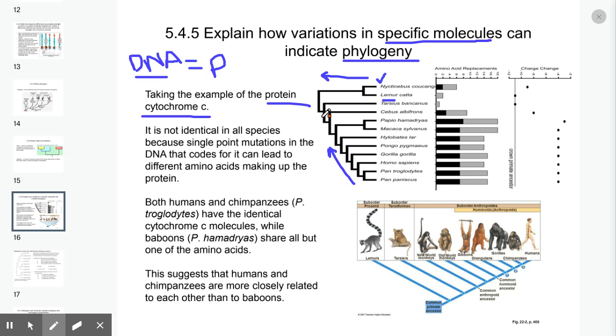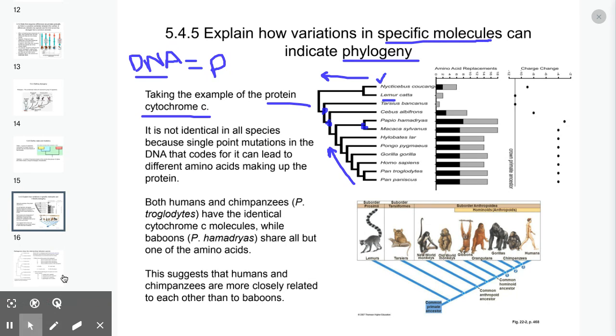When we talk about species dividing, we call this speciation. So here we have an example of speciation, a time when we had speciation, at these different nodes. So that's how we can use variations in specific molecules, specifically cytochrome and also hemoglobin, to determine some sort of evolutionary relationships.